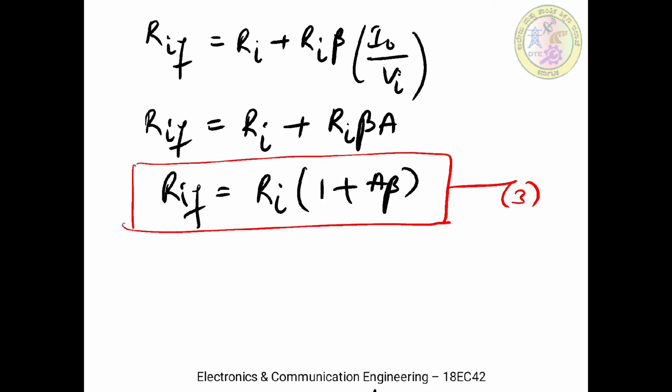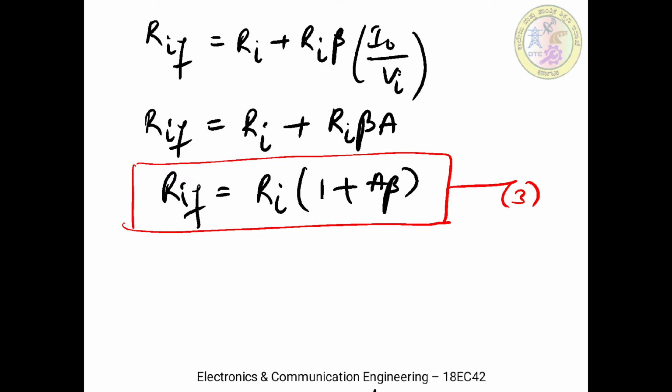Now this equation 3 is similar to the input resistance RIF obtained in case of series shunt feedback also. So this gives an important relationship between Ri and RIF. This shows that the relationship between Ri, that is input resistance, and RIF, input resistance with feedback, is a function of the method of mixing.